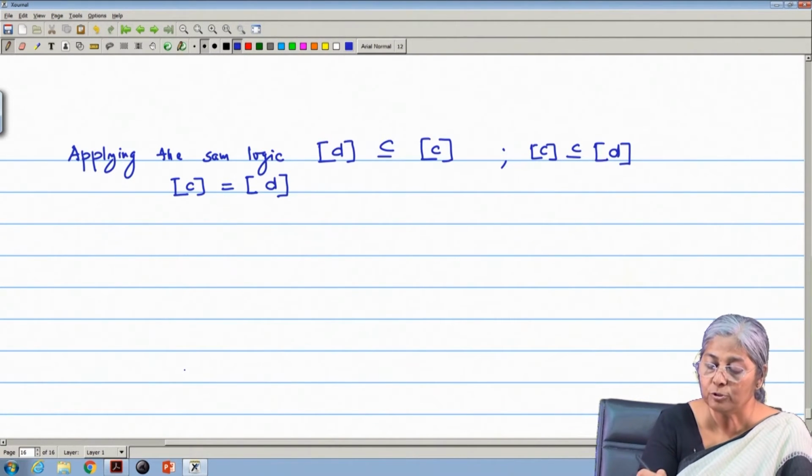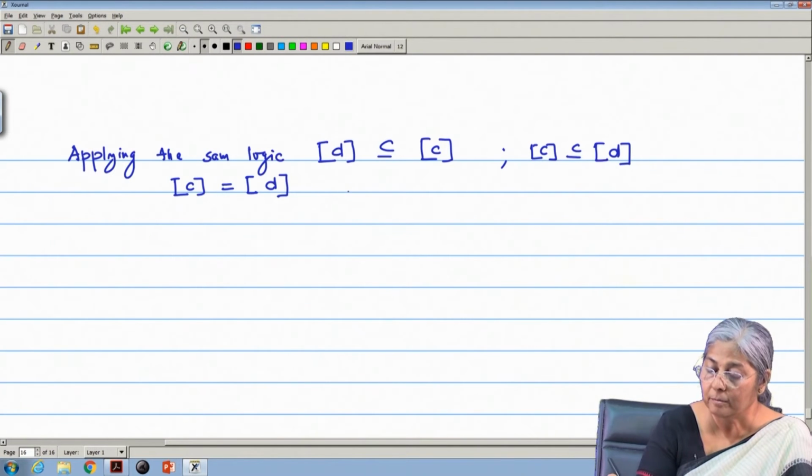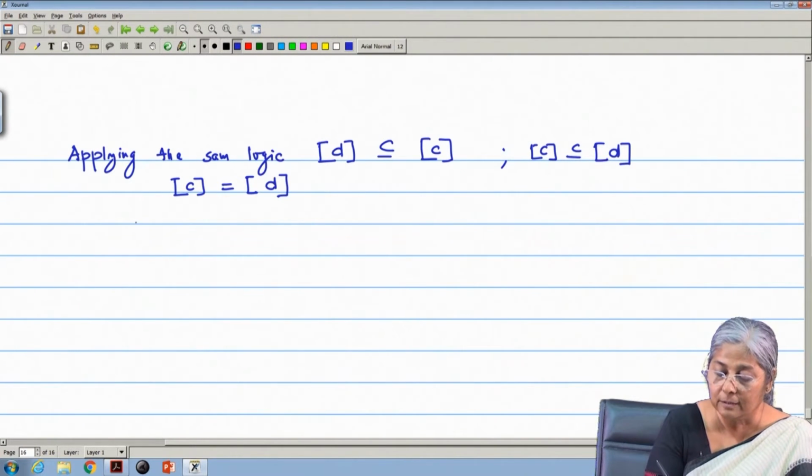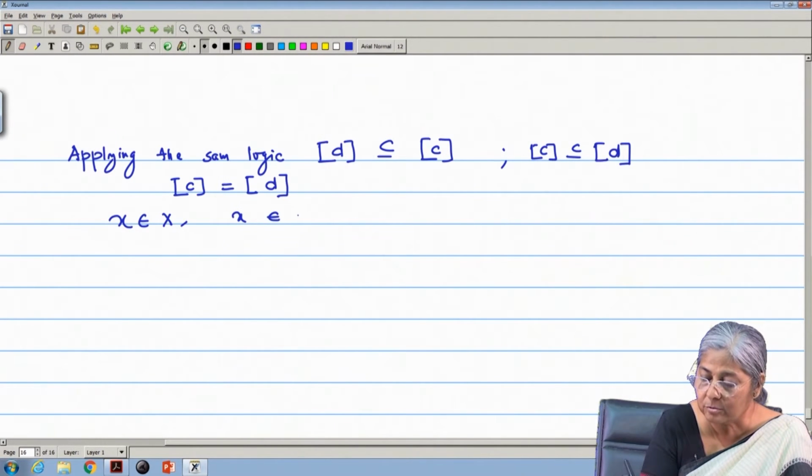So, we have assumed that x belongs to [c], x R c.